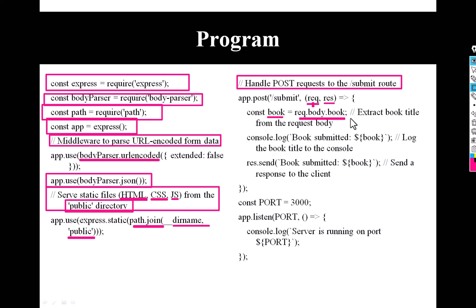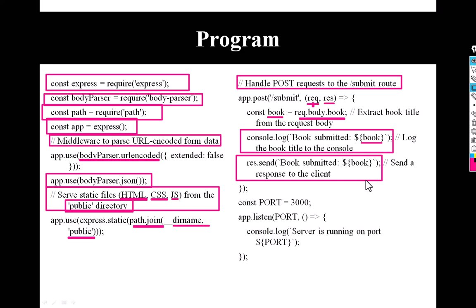Next, console.log, it has to show a log message, book submitted. Write the name of the book which is posted by the user, that is submitted, and that message should be shown. Next, response. The response should be sent to the client. Response.send, book submitted, with the title of the book.